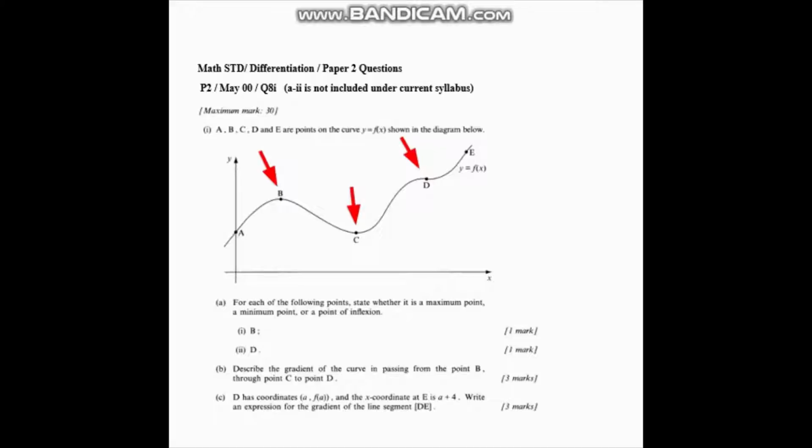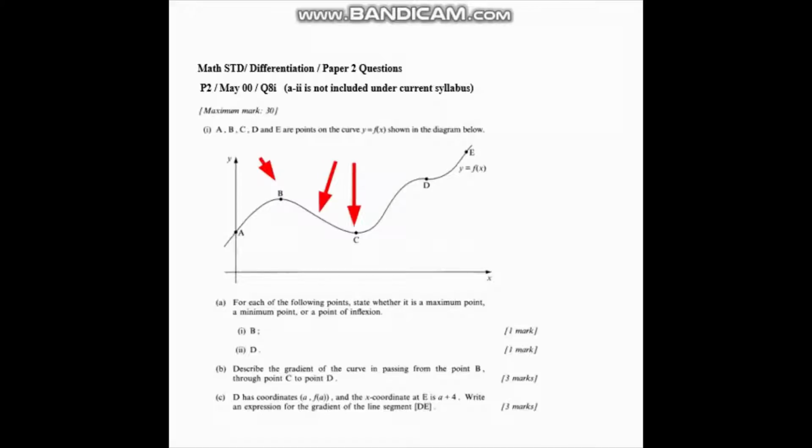So in question B, you are required to describe the gradient of the curve in passing from the point B through C to D. So at B, since this is a turning point, the gradient is 0. From B to C, since the function is decreasing, the gradient is negative.